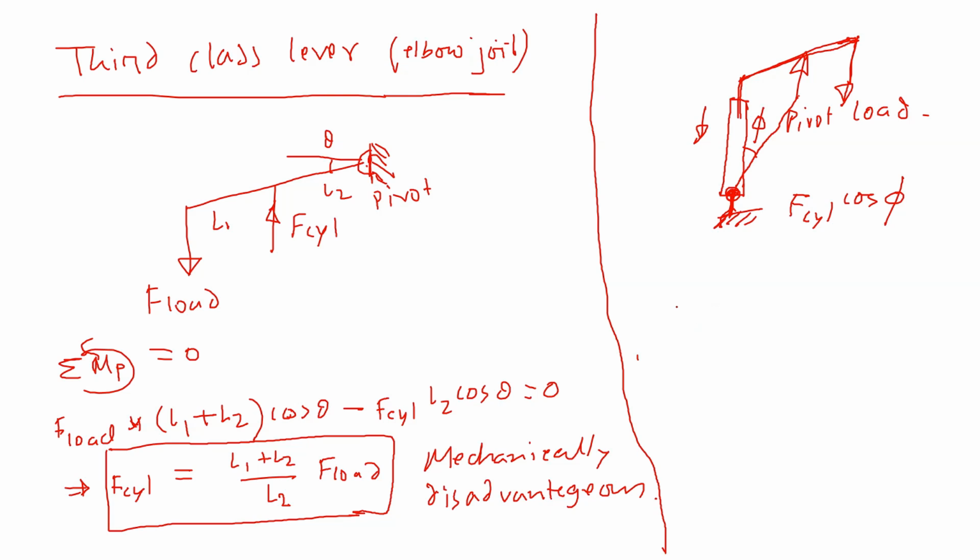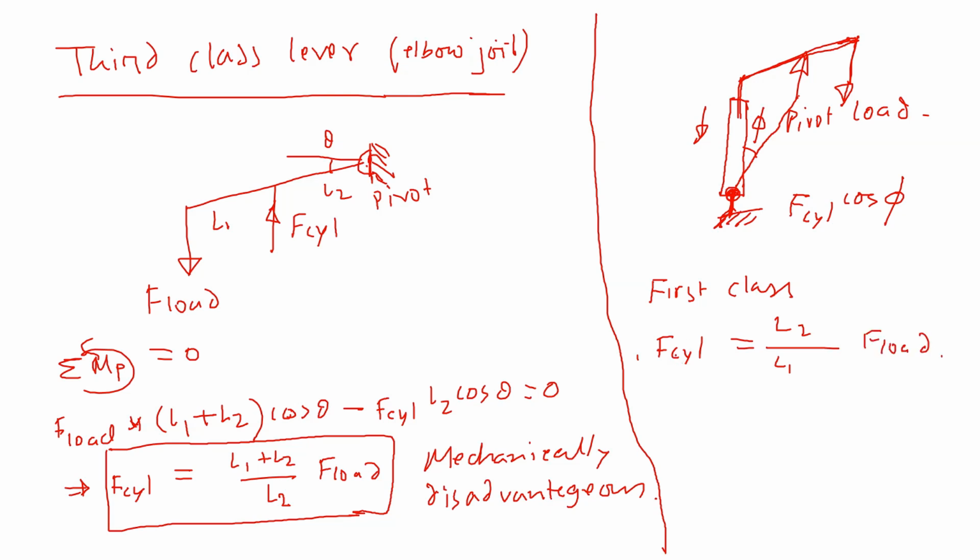So the equation we have seen for the first class lever was F cylinder equal to L2 by L1 times F load.